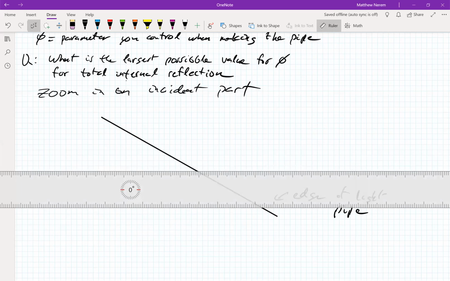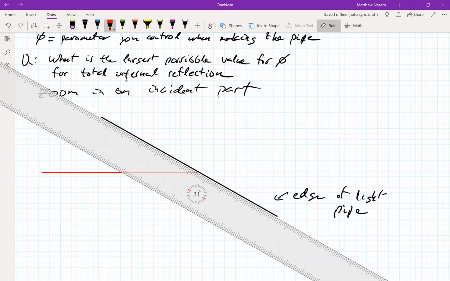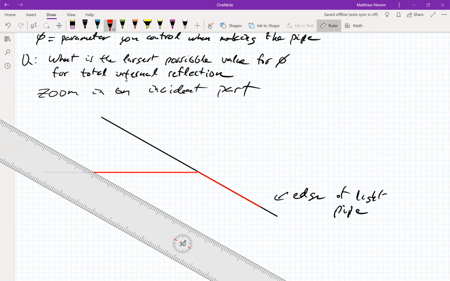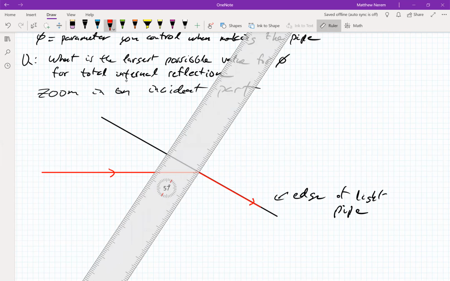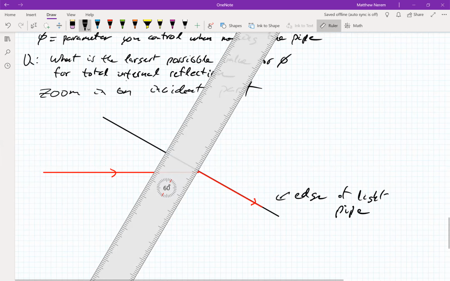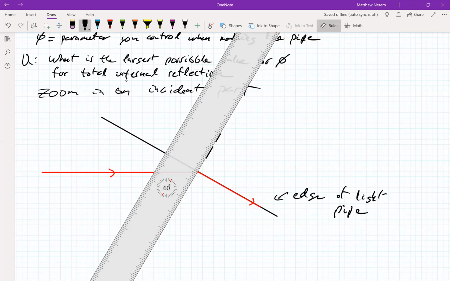And we're going to shoot our rays in nice and straight. Once again, our refracted ray is just trapped in the glass. Now let's draw a normal line. Good enough.